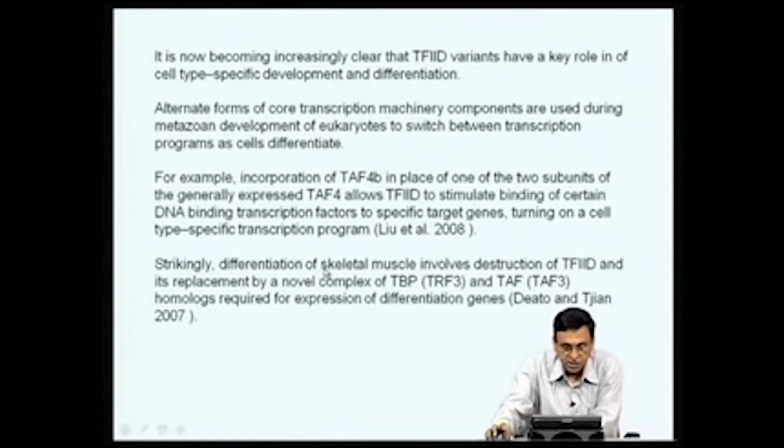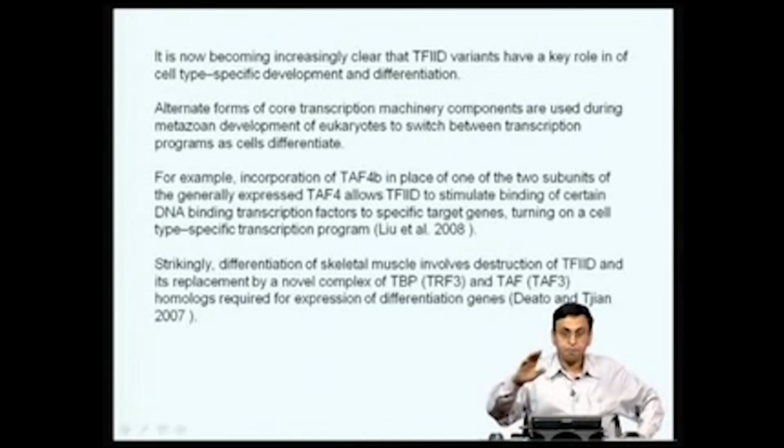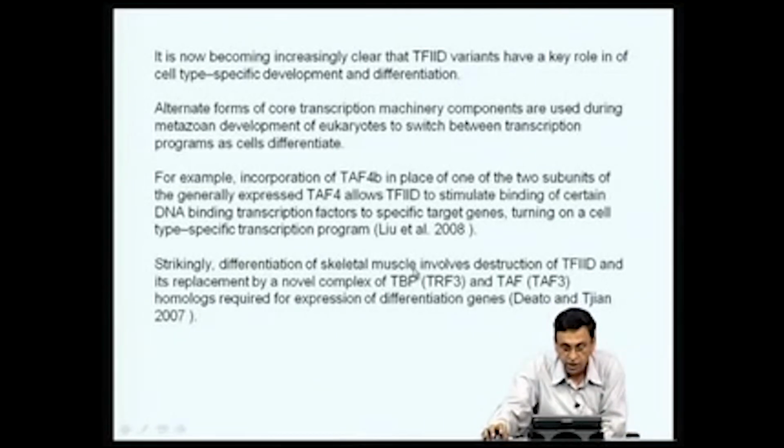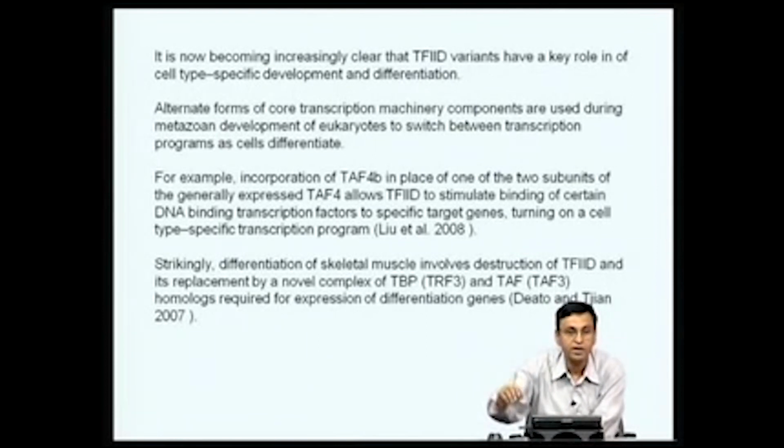Similarly, differentiation of skeletal muscle involves destruction of TFIID and replacement by a novel complex containing TRF3 and TAF3, and this was discovered recently in 2007. What was shown very clearly in this particular paper by Deato and Tjian is that during skeletal muscle differentiation, the normal TFIID is destroyed and the normal TFIID function is taken over by a specific TBP called TRF3 and a specific TAF called TAF3, and they actually now go and activate a subset of genes, resulting in differentiation of the skeletal muscle.